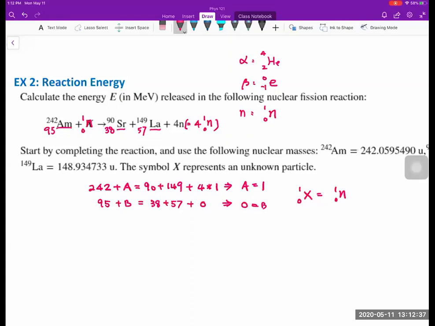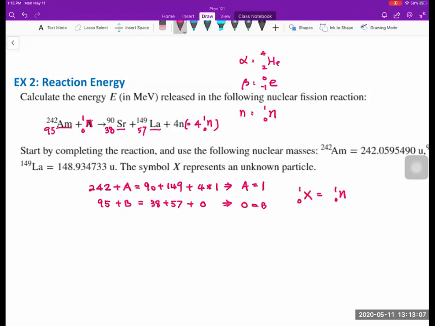Then each one of the neutrons has a possibility to bombard the next one, and you're going to create 4 times 4 neutrons. So this reaction will happen very fast because of this chain reaction. It just keeps on going, and energy is created in a very fast way.